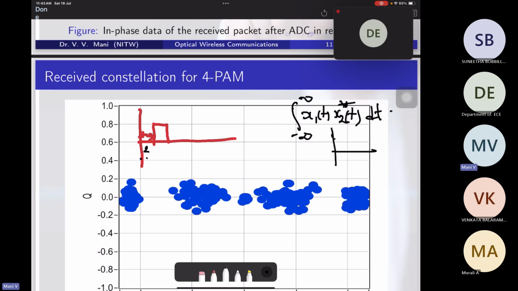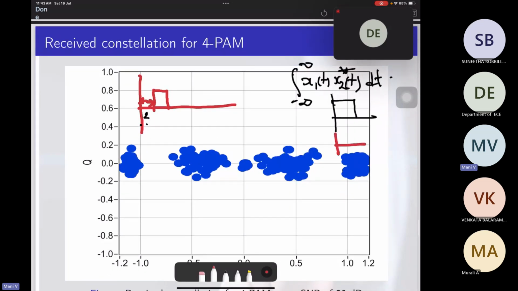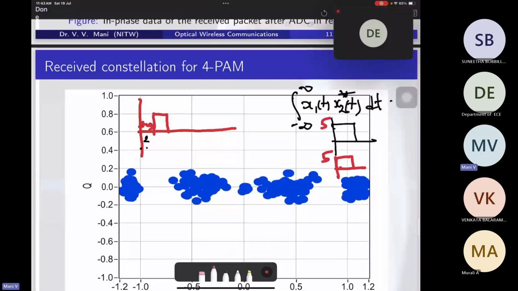Suppose I have one signal, and I have another signal. What is the correlation between these two signals? Just multiplication. Suppose it is a value of 5, and a value of 5. Multiplication between these two signals, what is the amount? And we multiply and also integrate.